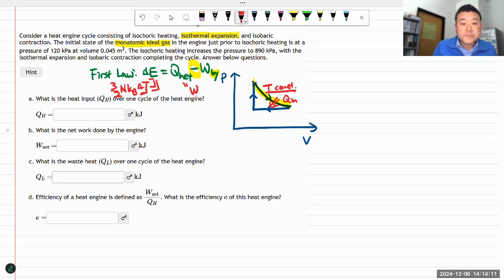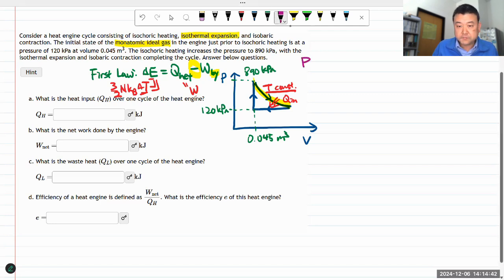So let's label a few things here. It says the initial state just prior to isochoric heating is at a, let's label this, at 120 kilopascal at a volume 0.045 cubic meter. Isochoric heating increases the pressure to 890 kilopascal, and we can work out other parameters like temperature using the ideal gas law, which I should probably write down.